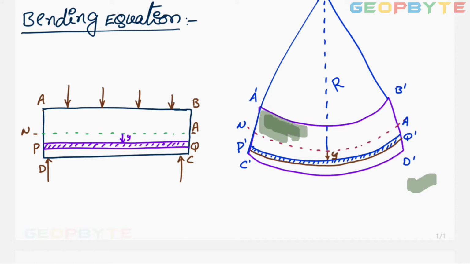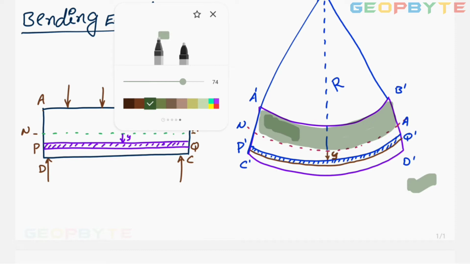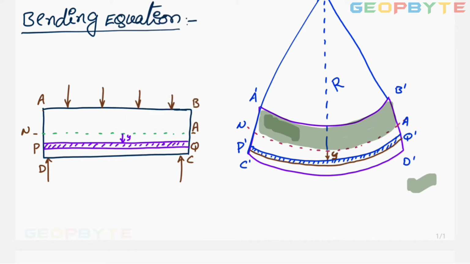It is compressing or contracting, and the region of the beam below the neutral axis is extending or elongating.